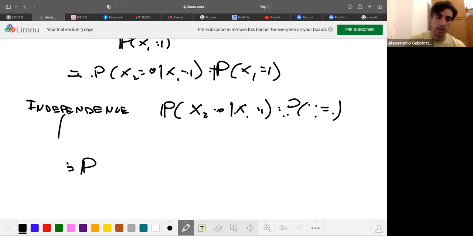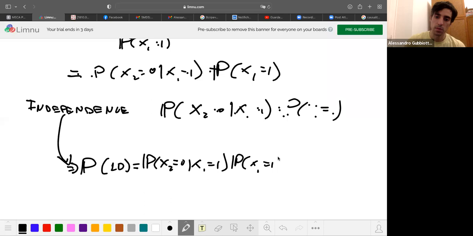So the independence implies that the probability of 1,0 is equal to the probability of X2 equal to 0, given that X1 is equal to 1, times the probability that X1 is equal to 1, which is the product of the probabilities.